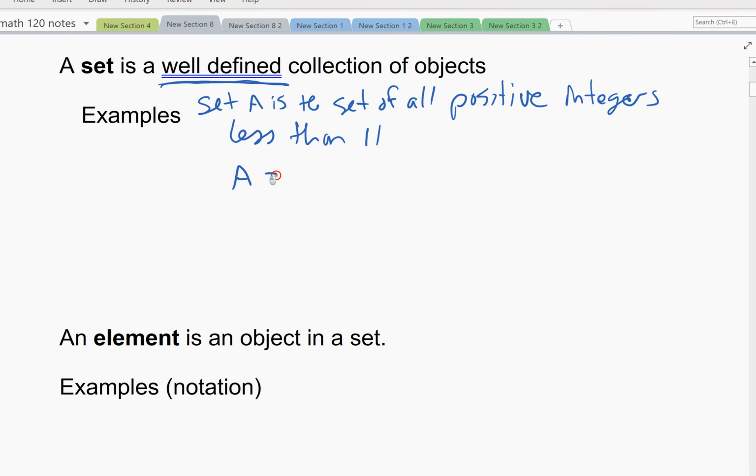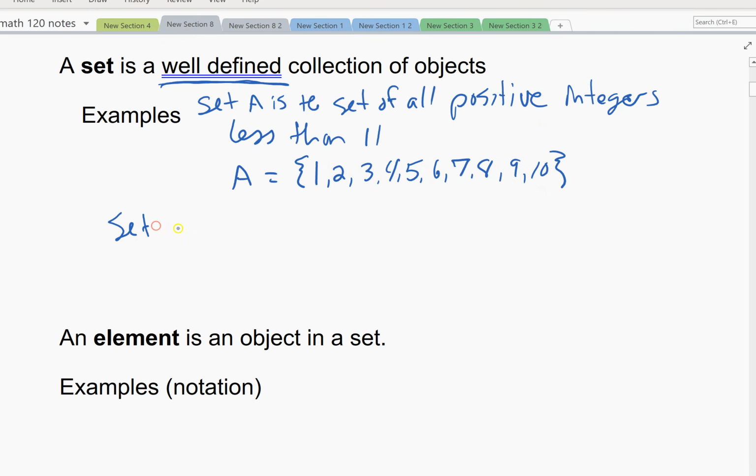Now I'm going to list them. Positive means bigger than 0, integer means the whole number values, no fractions or decimals, and less than 11. So 1 through 10. There's the set of all positive integers less than 11.